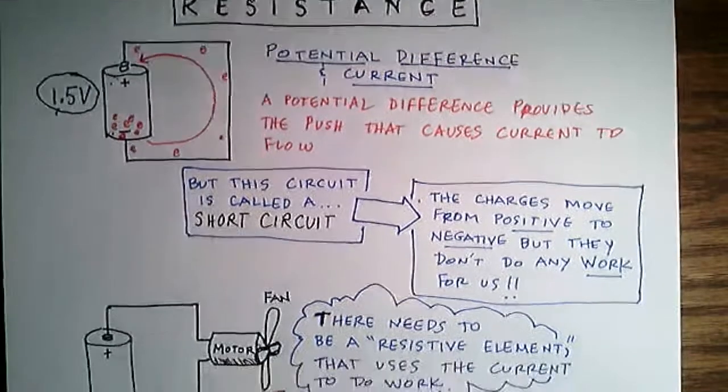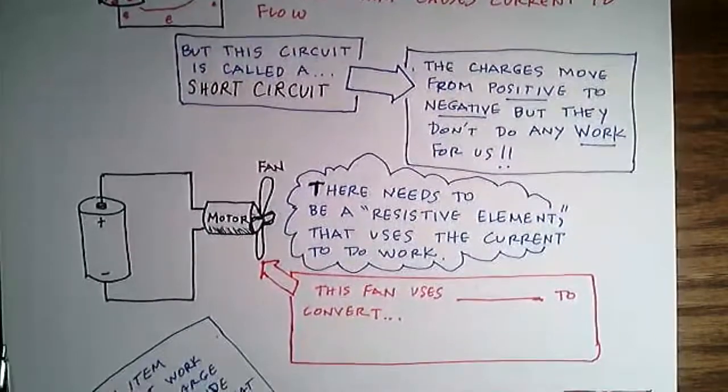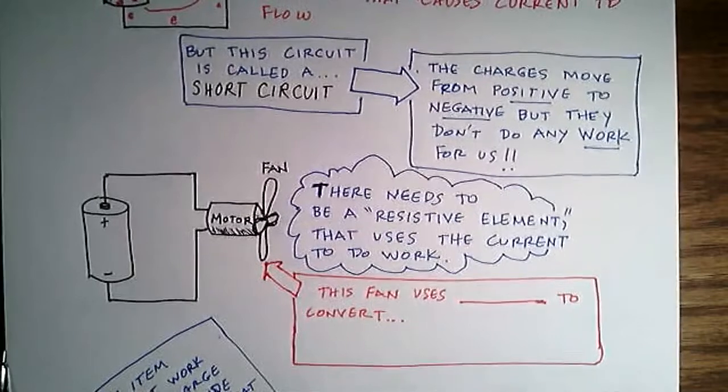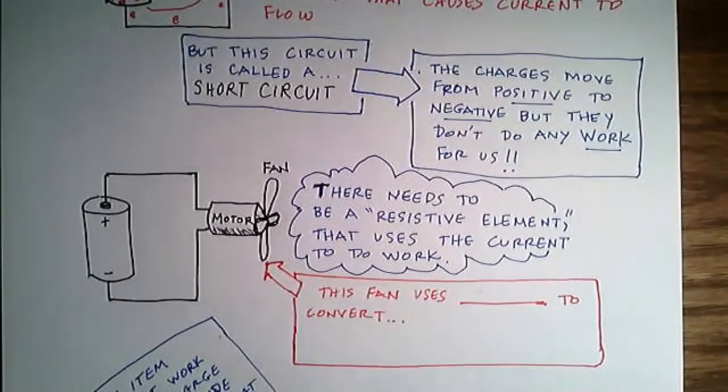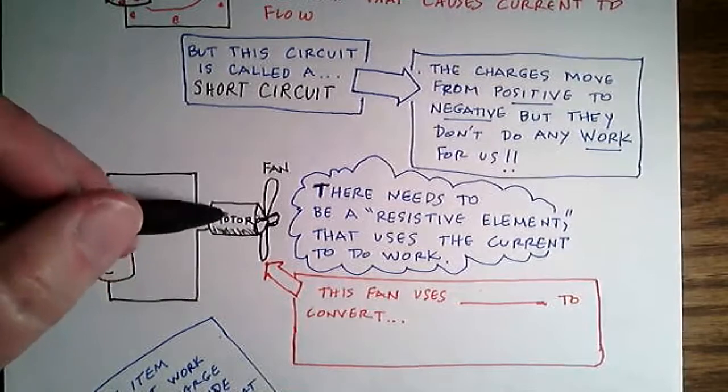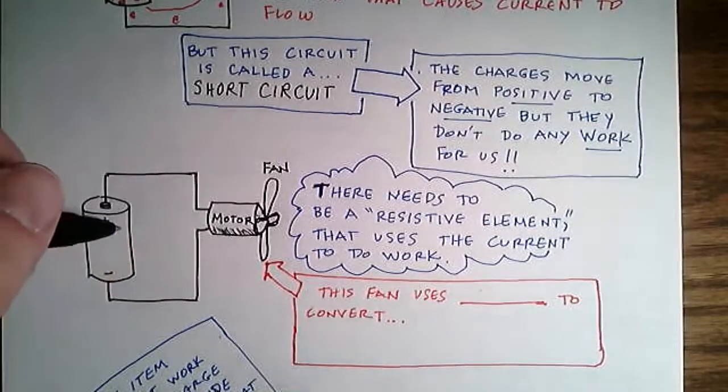Okay? So what we need to do is put in some type of resistive element. Some resistive element is a fancy way of saying we need to put something in there that those electrons can do work on. We want them to do work as they move from one side to the other. So we set it up, and let's put a simple fan in here.